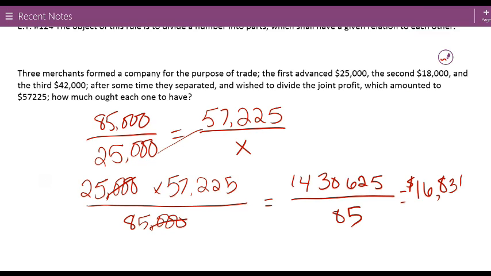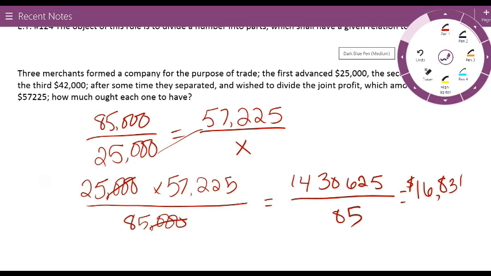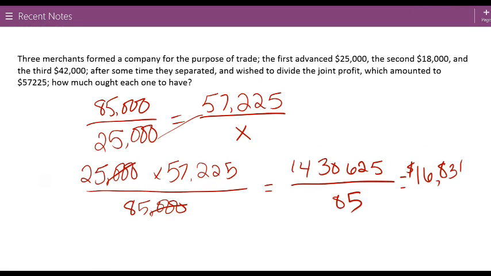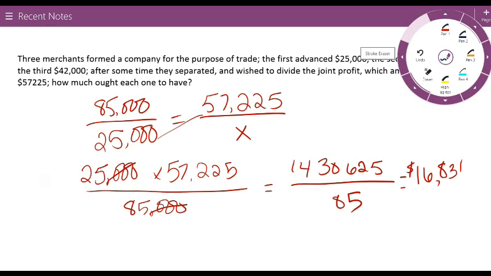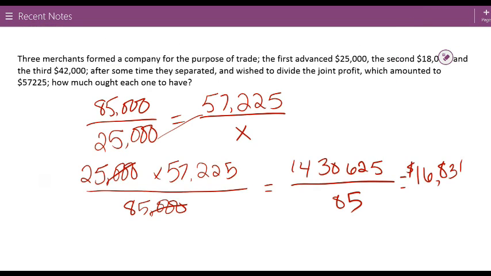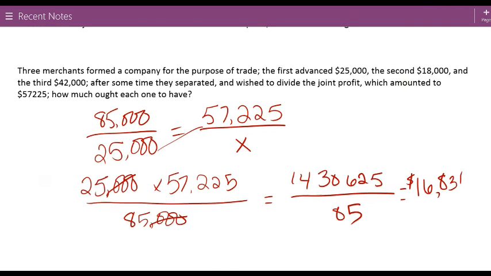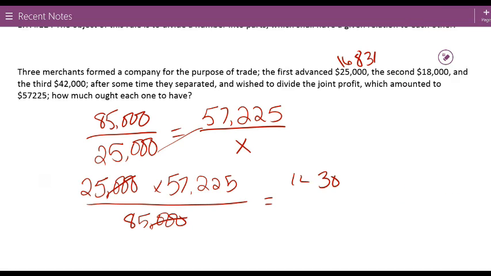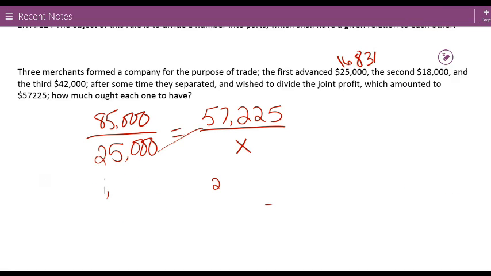Okay, so the next merchant, we're going to be following the same procedures, same steps, just using that other value. And it looks like I ran out of space here. Okay, so the first merchant gets 16,831, rounded.